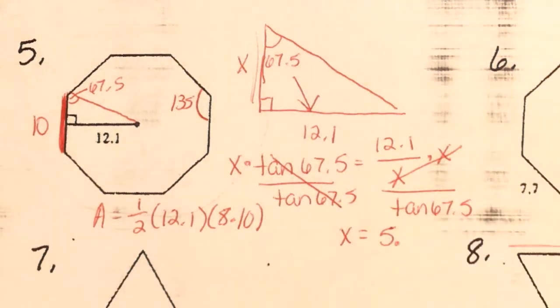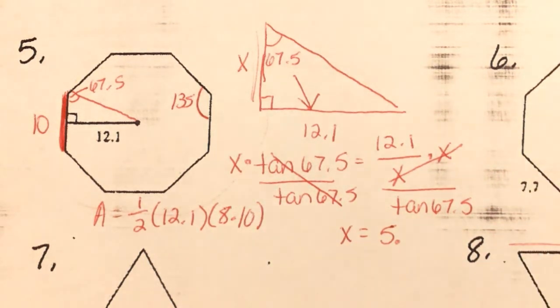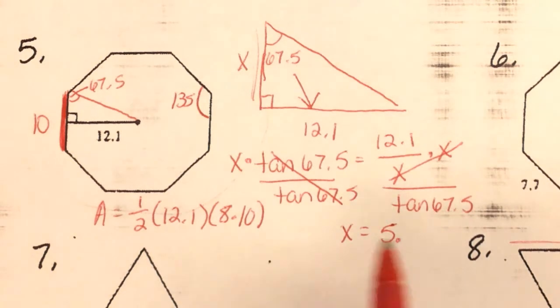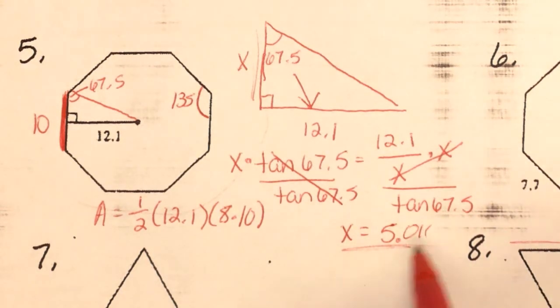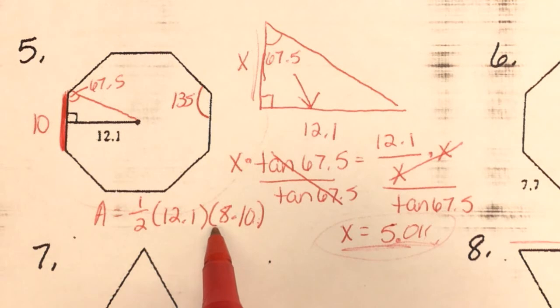So put this in and tell me. You don't even have to round. Just put, you already have the 10, hopefully in your calculator, the 10 point whatever. Because here you had 5.011. So we do times 2. Leave that in your calculator. That'll give us this, times 8, times 12.1, divided by 2.